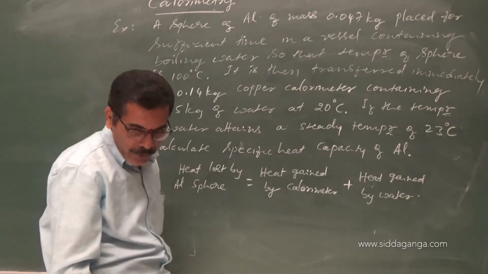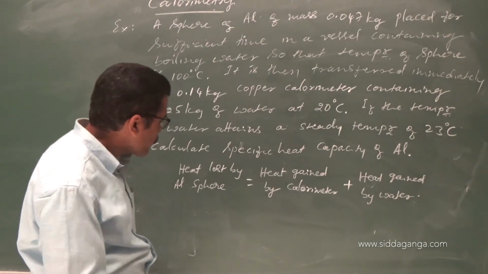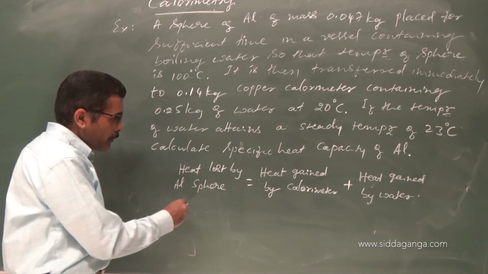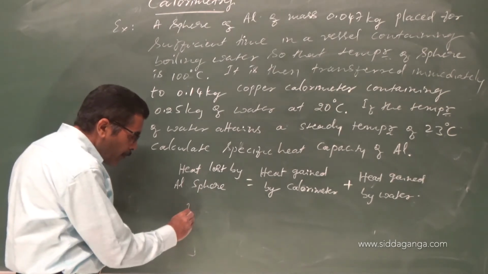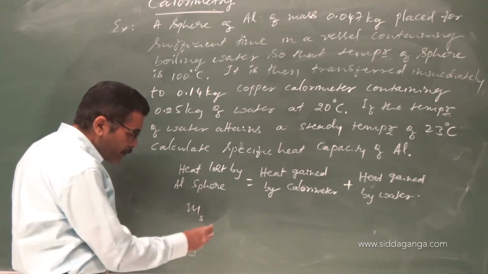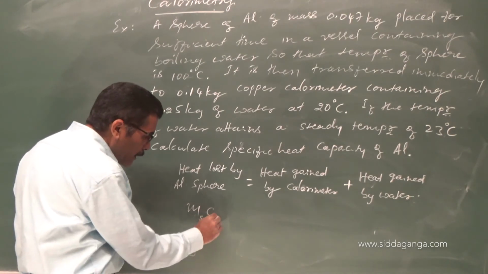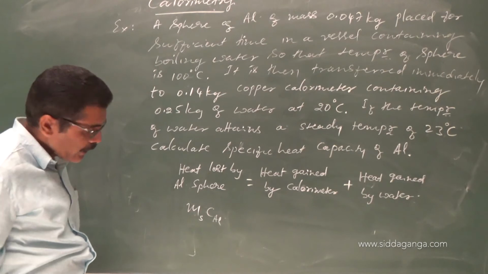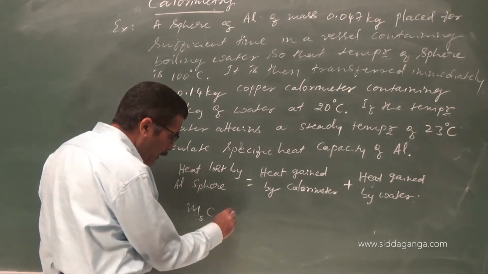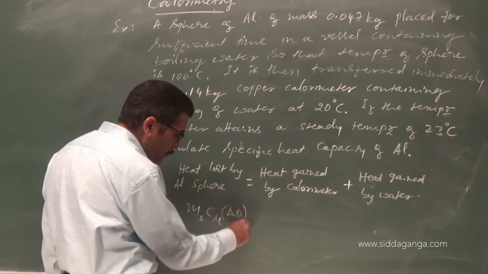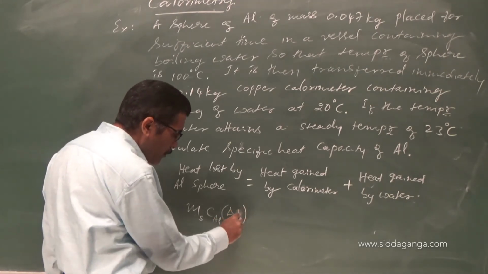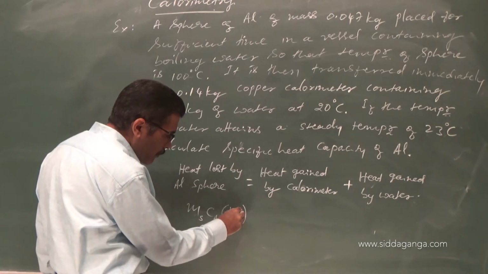Now heat lost by sphere is given by mass of the sphere, specific capacity of aluminum, and difference in temperature, delta T.